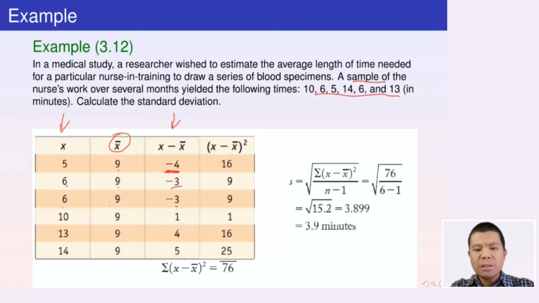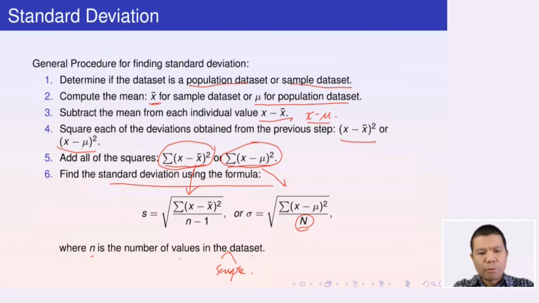So in this column, we have all the differences, x minus x bar. Next, we're going to take the square of all the deviations. Deviation here is the difference.